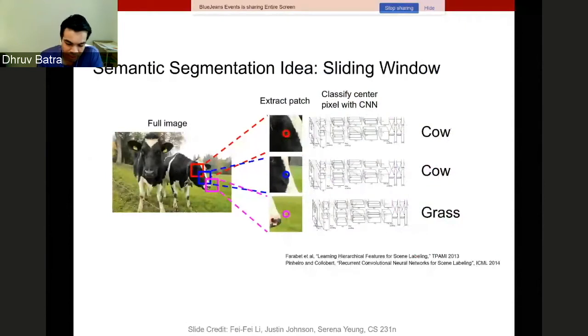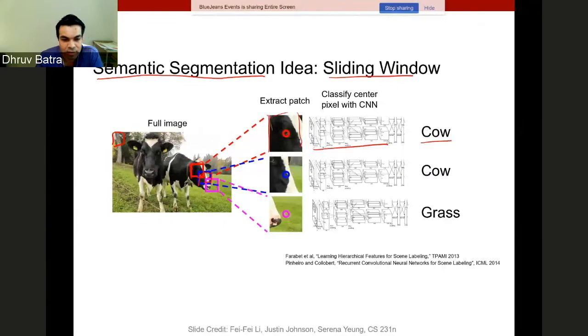Okay. So the simplest possible way of shoving this problem into everything that we've learned is to convert the semantic segmentation problem into a classification problem. Basically, decide a patch size, take all possible patches, extract each patch, feed it into a CNN and have it output classification labels.